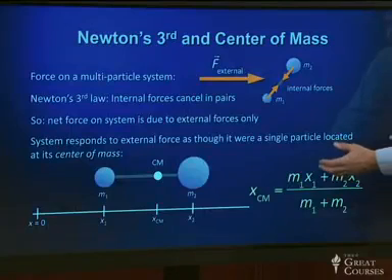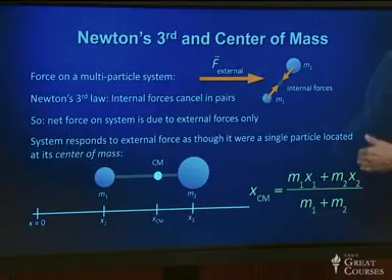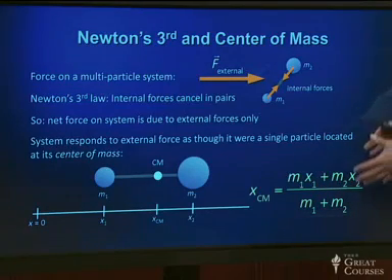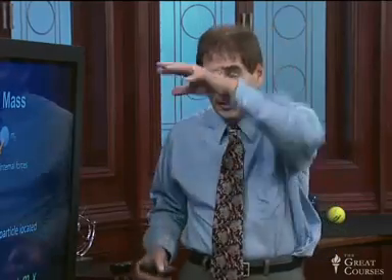So in the numerator of this expression is m1 times x1, the position of the first mass weighted by its mass, plus m2 x2, and then that's divided by the total mass of the system. And you could apply this to any number of particles making up the system, and if the particles were not just arrayed in one dimension, but in multiple dimensions, you could calculate a ycm and a zcm for the other two coordinates in three-dimensional space. So in principle, we know how to find the center of mass of a system.